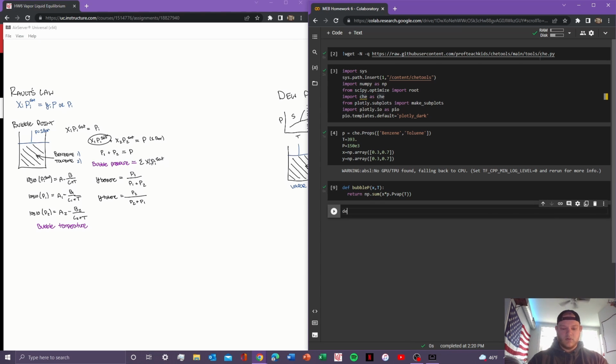Perfect. Next we need to do the bubble temperature. This actually needs to be a function inside of a function because we need to specify that temperature has to be 0 at this point.